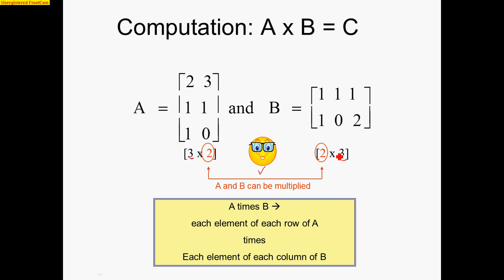And then I taught them how to multiply: each element of each row of the first matrix multiplied times each element of each column of the second matrix. And then you add those together, which we've called the dot product.